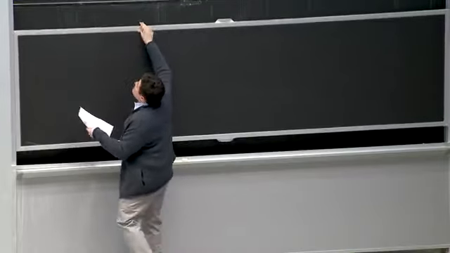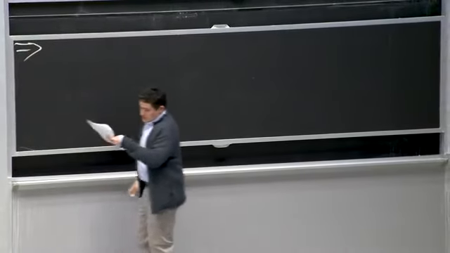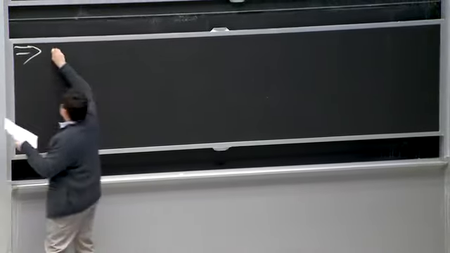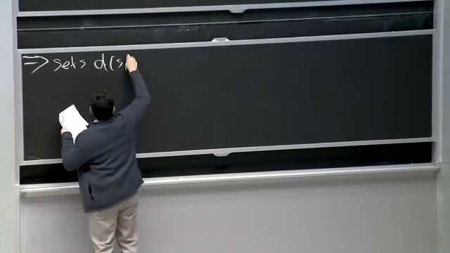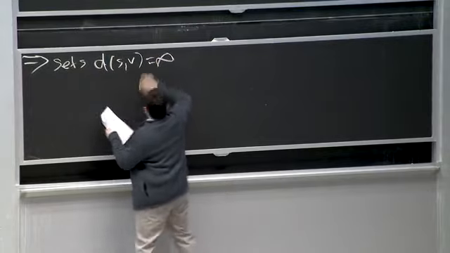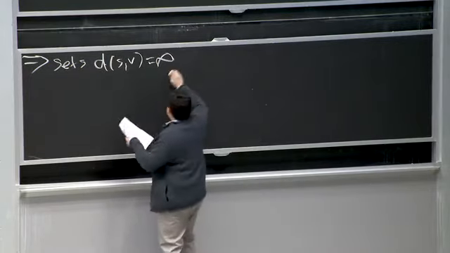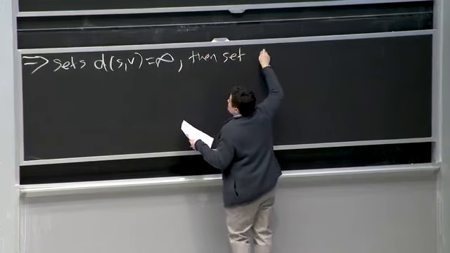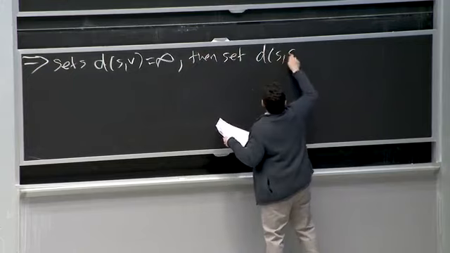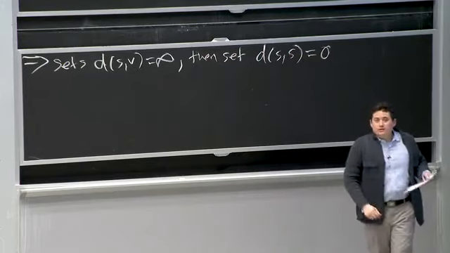So DAG relaxation from over there initializes all of our distance estimates to equal infinity, just like we did in BFS. Then set my distance estimate to myself to be 0, right?